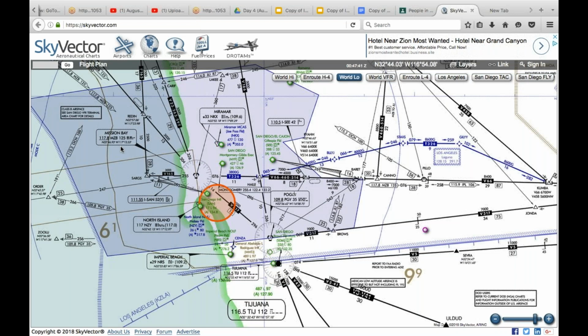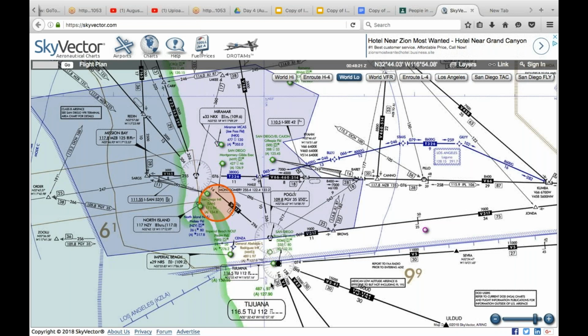So what's important to know is that, even though there's little different symbols in the center, you can also see the VOR DME down in Tijuana. There's different symbols in each one of these VOR boxes, but what's important to remember is that if you see that compass rose, that typically is going to be a ground-based navigational aid that can be used, civilian or military.